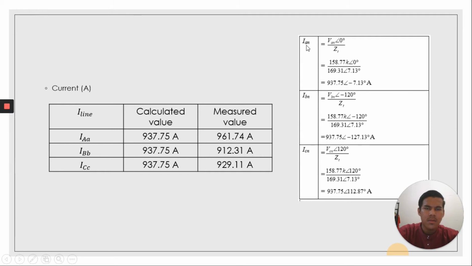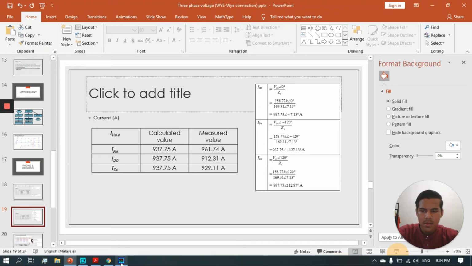To get the value here, I use the formula of IAN equals VAN over Z total. So I got the value. As you can see here, the IAN, IBN, and ICN have the same magnitude, which is 937.75.